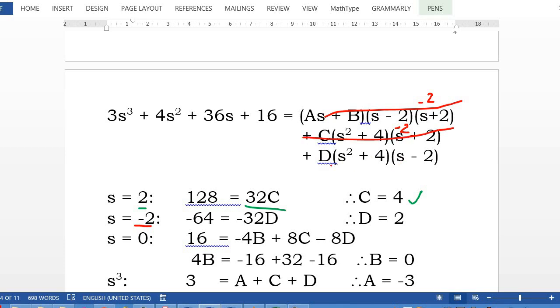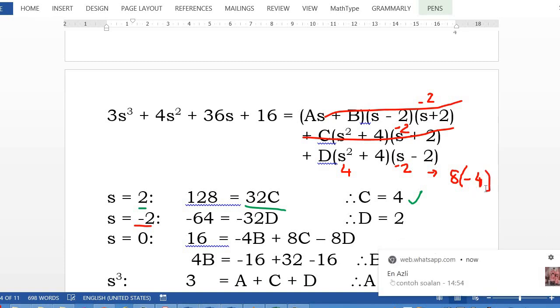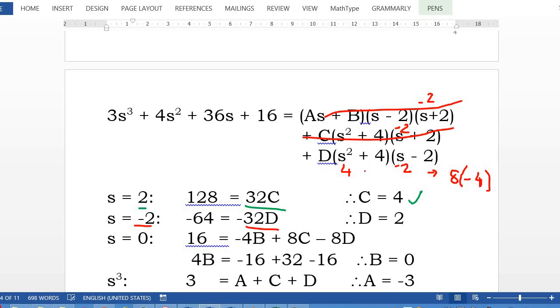Then you can calculate for D. Negative 2 squared is 4, 4 plus 4 is 8, negative 2 minus 2 is minus 4, so the total is minus 32D for the right hand side.